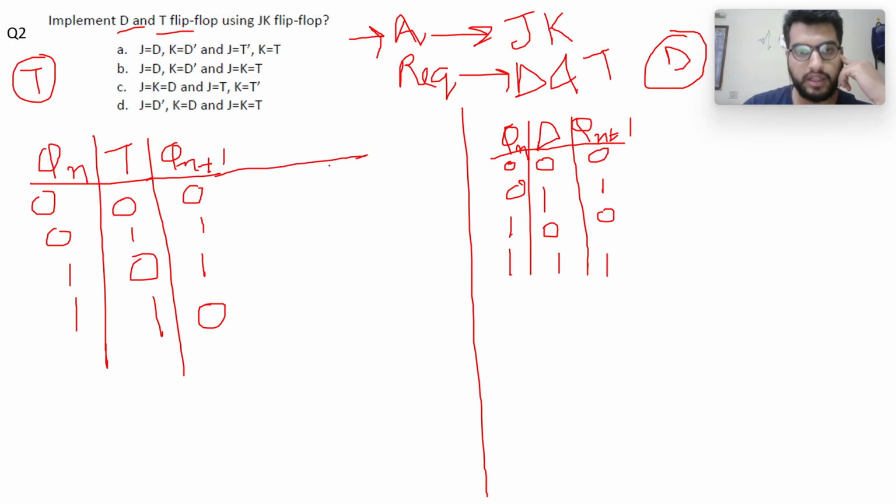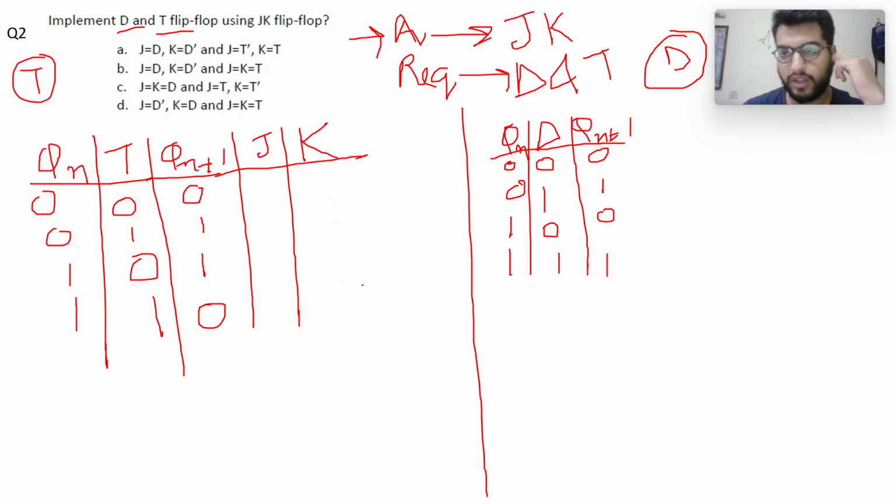Now I have to make the excitation table of the available flip-flop. The available flip-flop is JK. So this is point number 3, and I have to make the excitation table of JK flip-flop. So excitation table, if you remember, let me just write down first the characteristic table of JK somewhere.